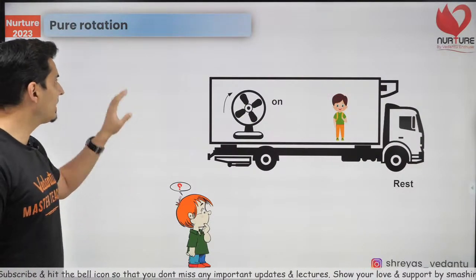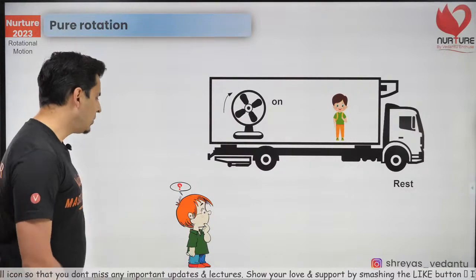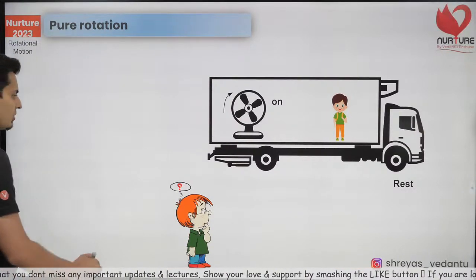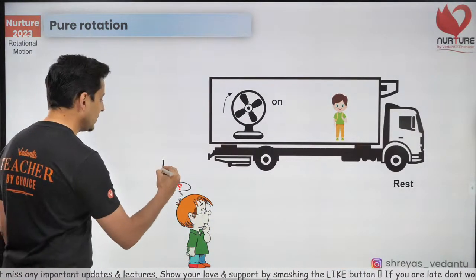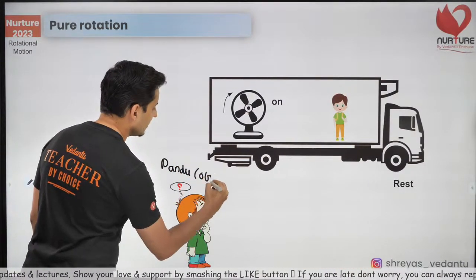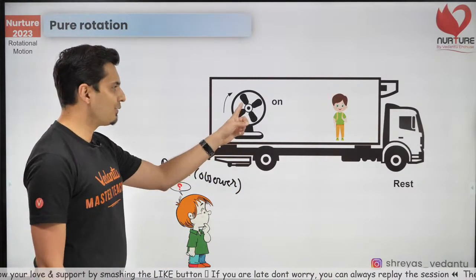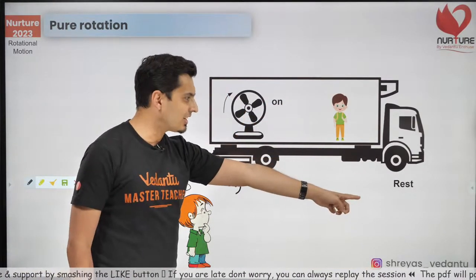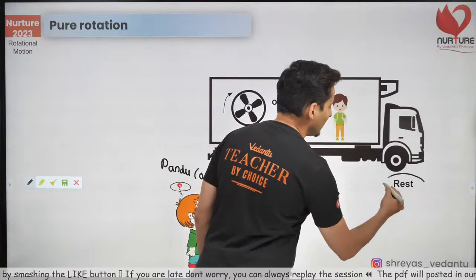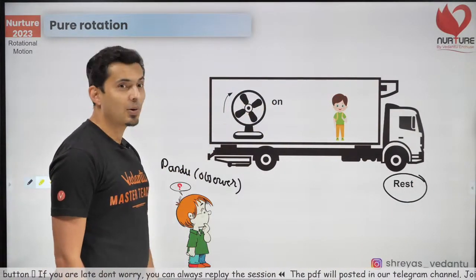The first example that I want you to see is pure rotation. Look at this Pandu. This is our Pandu. He is our observer. What is he observing? He is observing this fan which is kept inside this truck, and right now the truck is at rest. The fan is on.